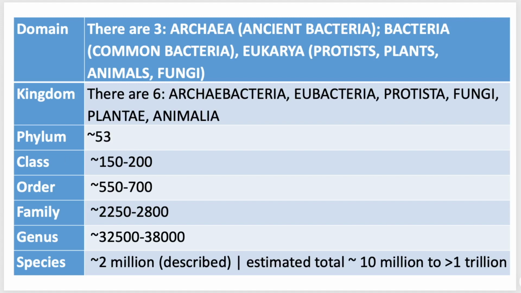So originally, when I was working on this set of notes, I really wanted a chart like this, and I couldn't find one anywhere. And basically what this chart does is list how many groups there are within each taxon, how many kinds. So for example, domain, there are 3, kingdoms, there are 6.